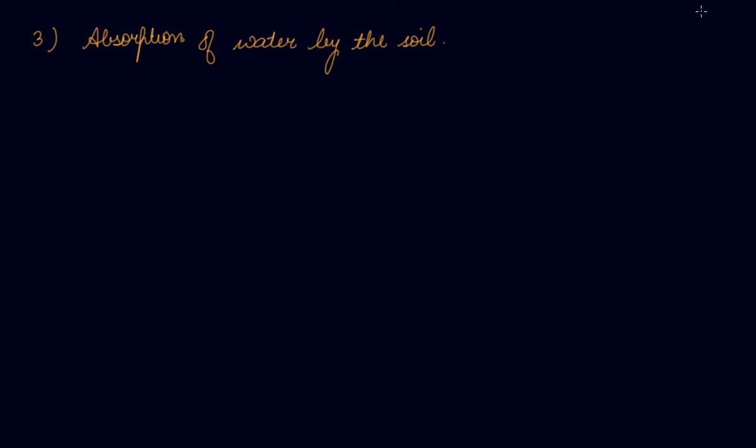Now what you do, you take a funnel. Now this is a beaker. Let's say this is a beaker. Now you put the funnel on the top of this beaker.